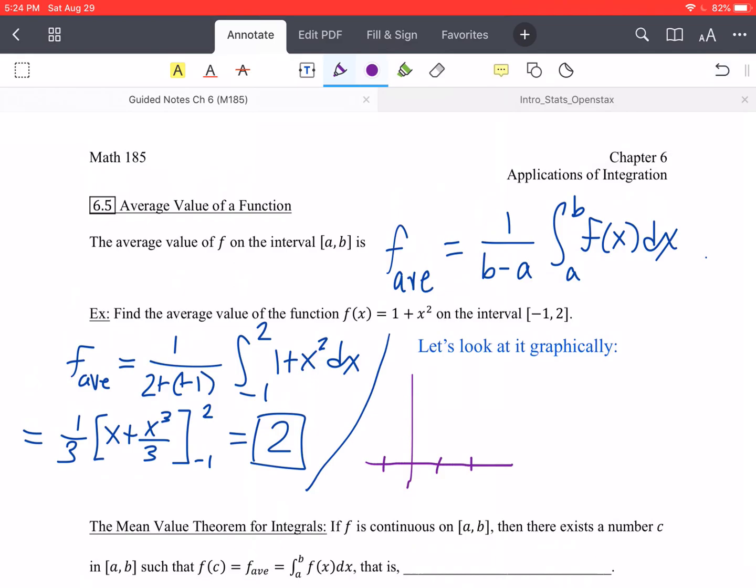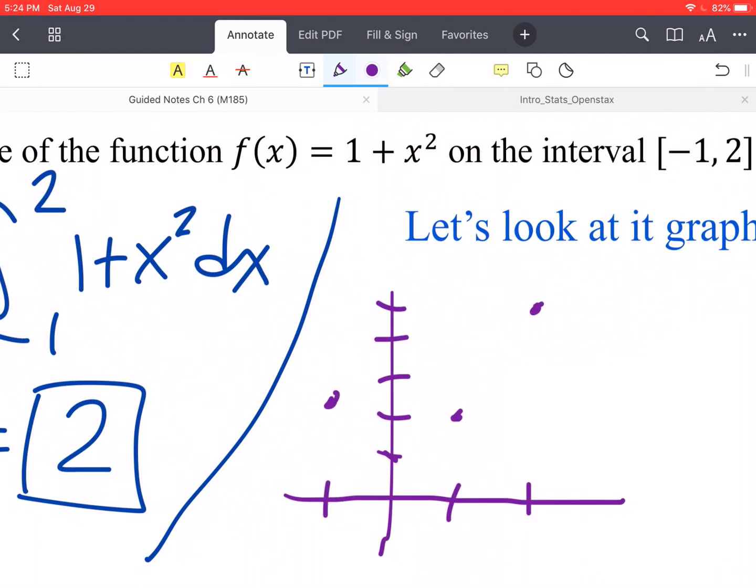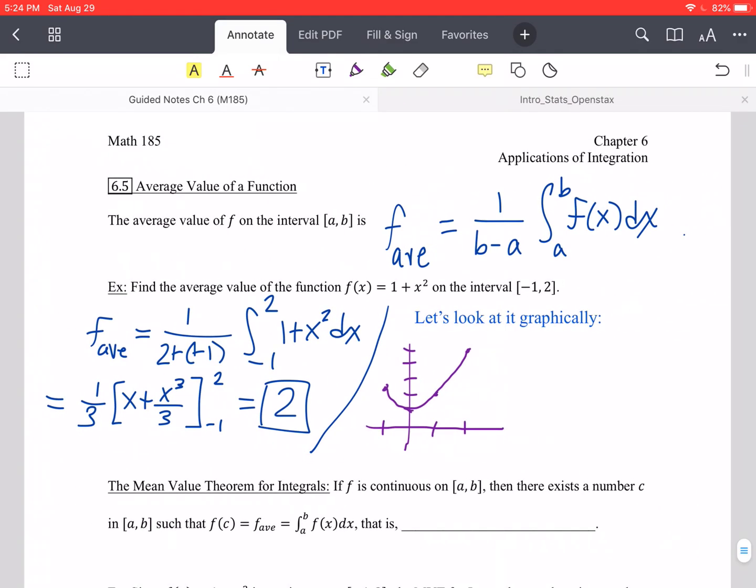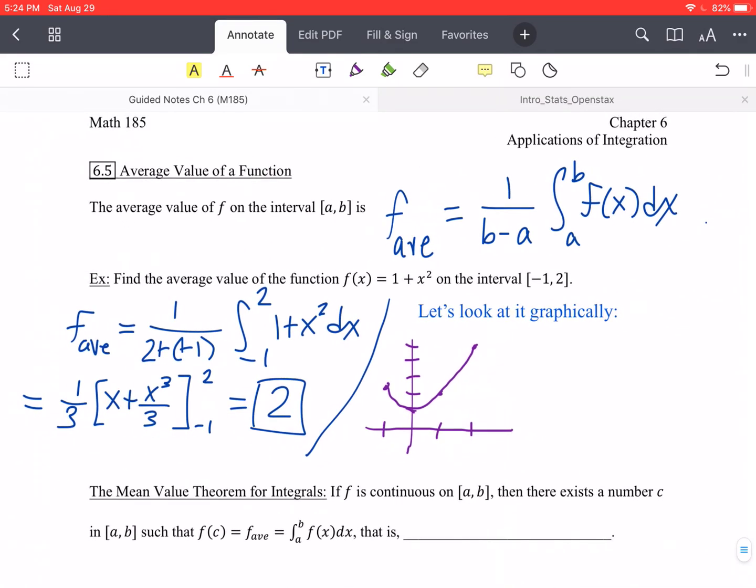We have the points -1 comma 2, 0 comma 1, 1 comma 2, and 2 comma 5. So there's our curve, as smooth as I can make it on the tablet.